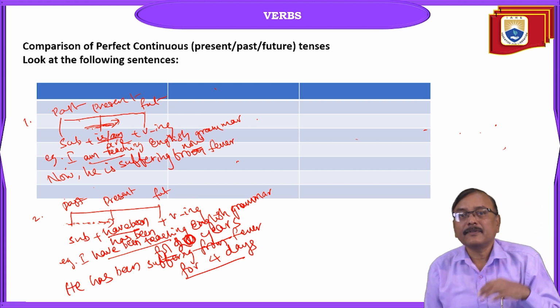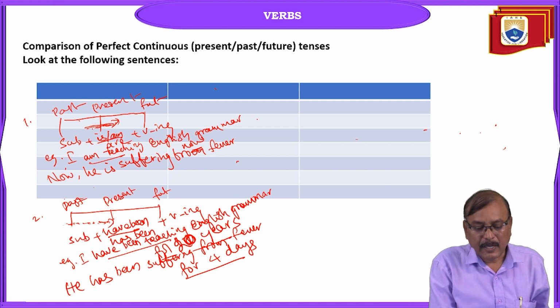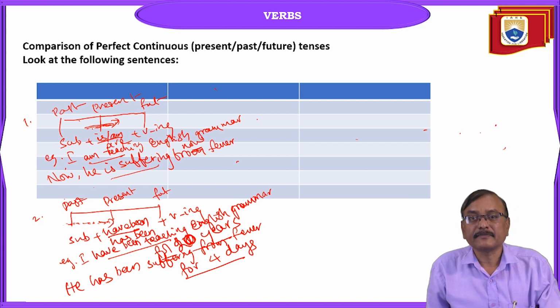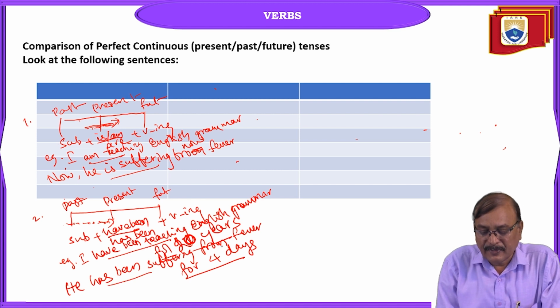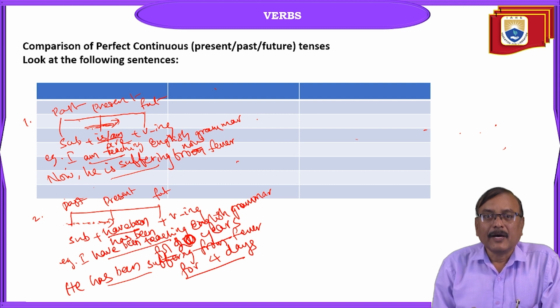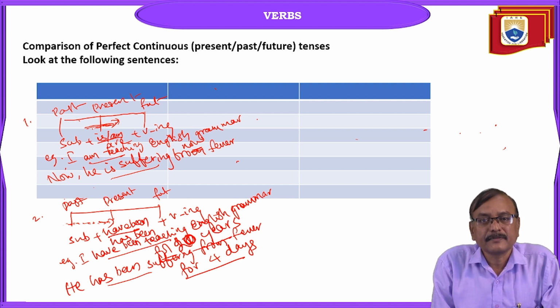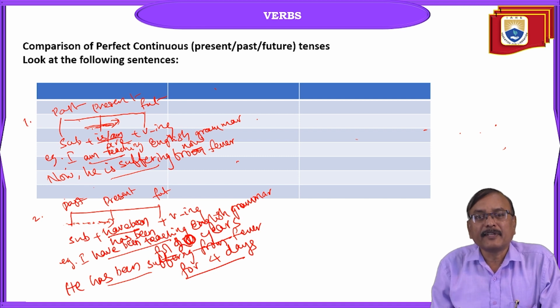Like this, you have to get the clarity. Now he is suffering from fever. He has been suffering from fever for 4 days. Now he is working in this college. He has been working in this college for 4 years.